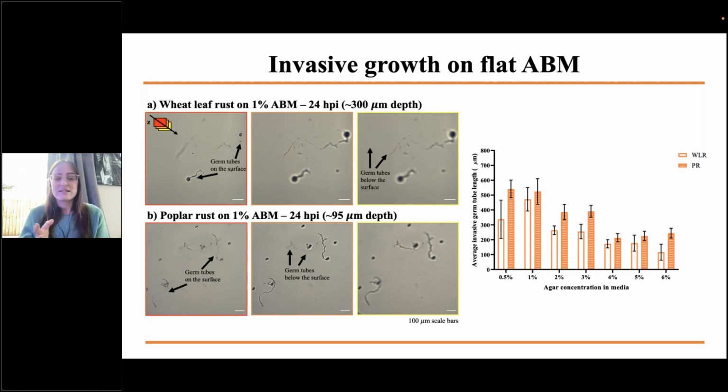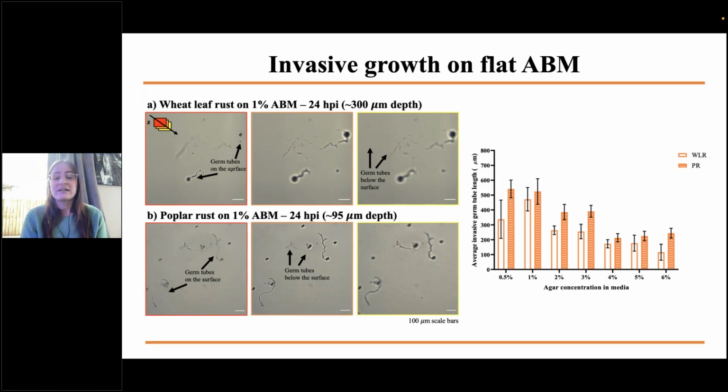But this doesn't necessarily reflect the overall average invasive growth length, because you can see with that table next to it that the poplar rust did in general have longer invasive growth, which isn't surprising considering it was longer in general on the surfaces.